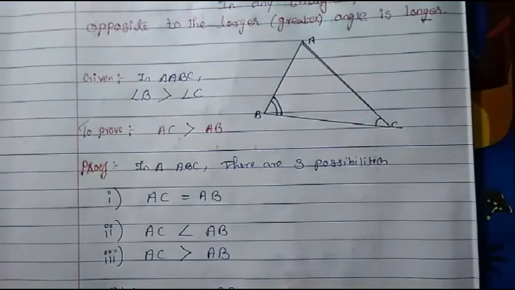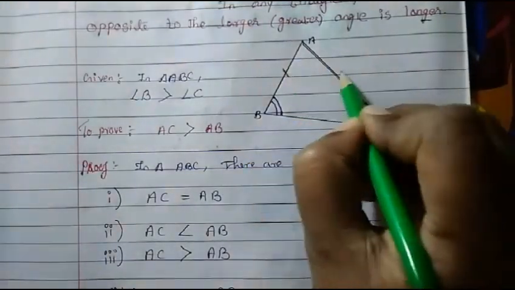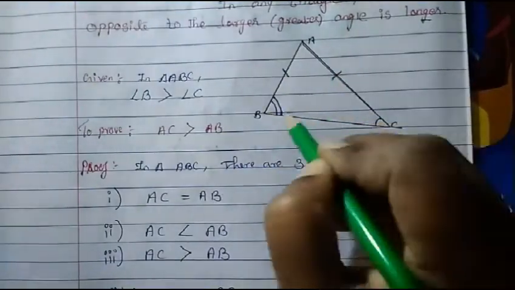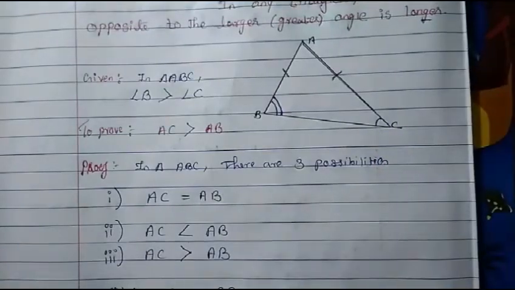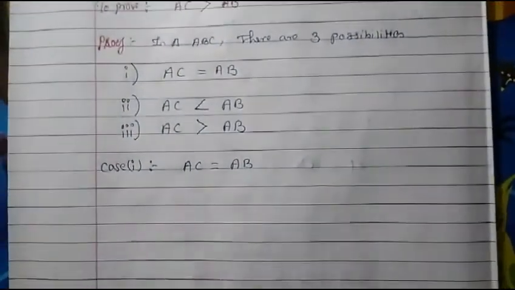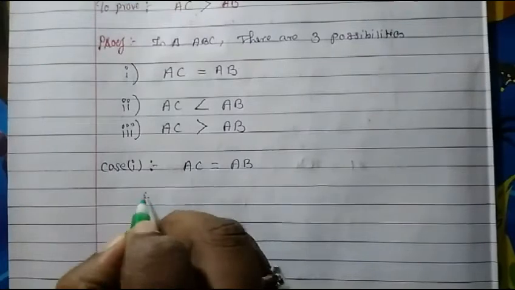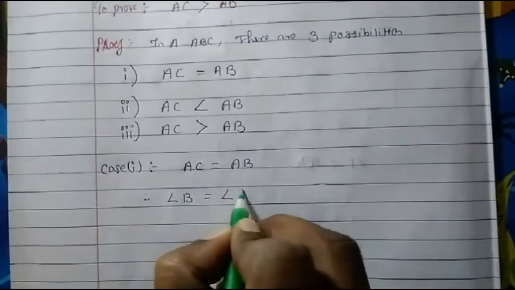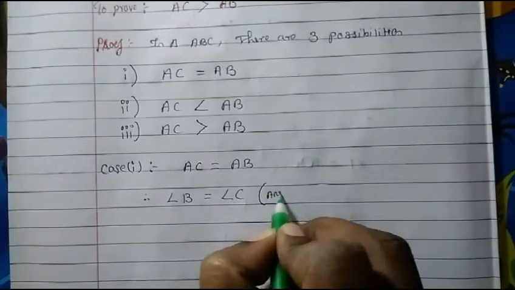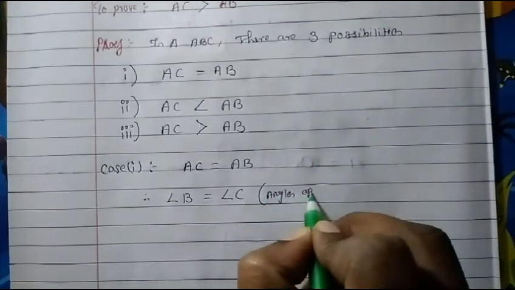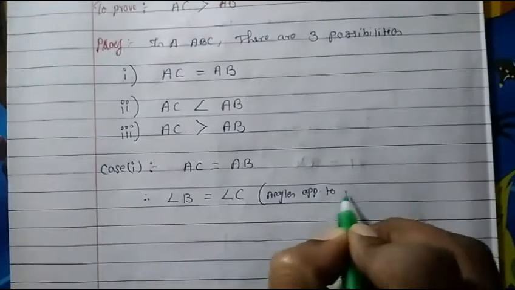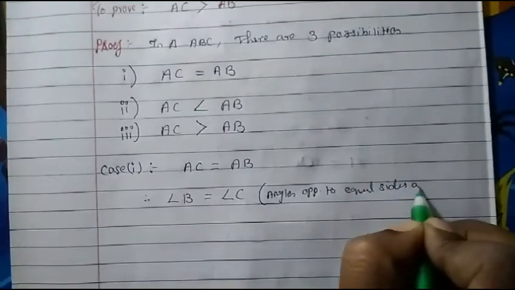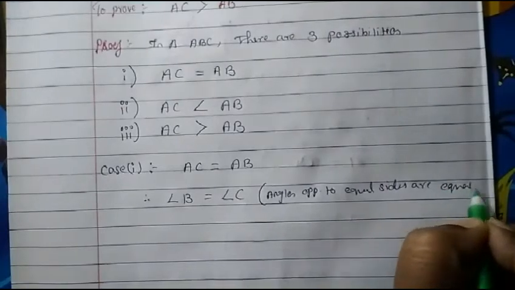If this side is equal to this side, then the opposite angles formed will also be equal. So we can write: therefore angle B will be equal to angle C, because angles opposite to equal sides are equal.